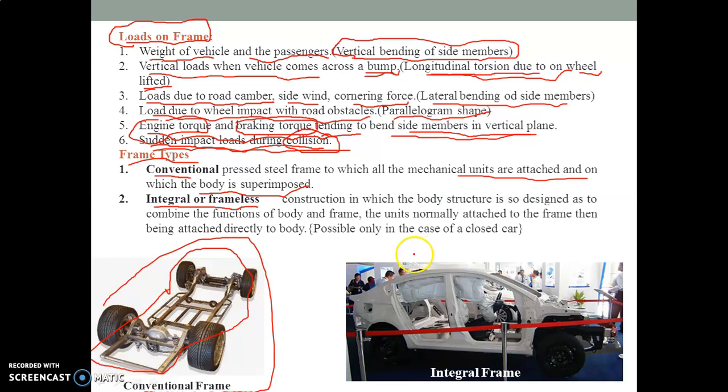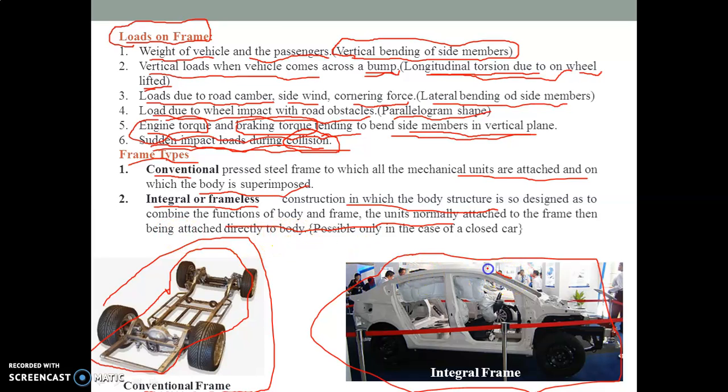Integral or frameless body type is represented here, in which generally such a frame is not present. All the parts are connected in such a manner to form this body. So it is a construction in which the body structure is designed so as to combine the functions of the body and frame, the units normally attached to the frame then being attached directly to the body.